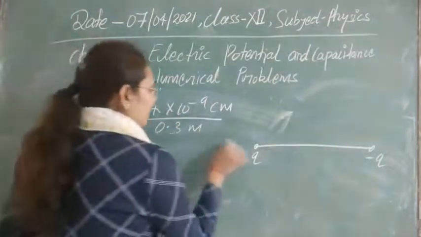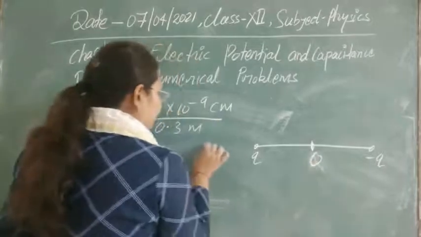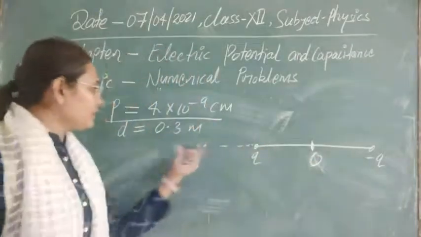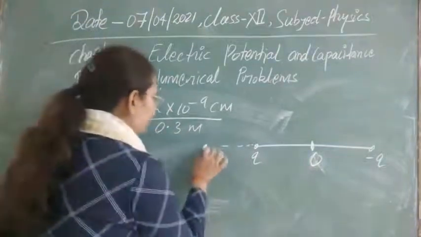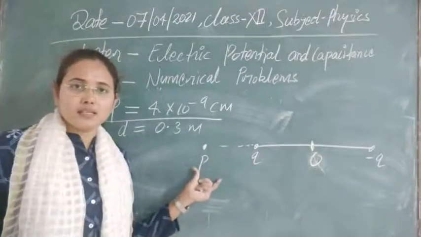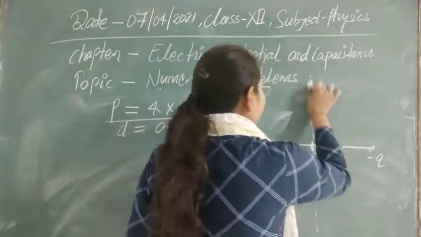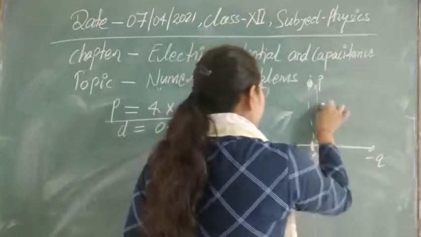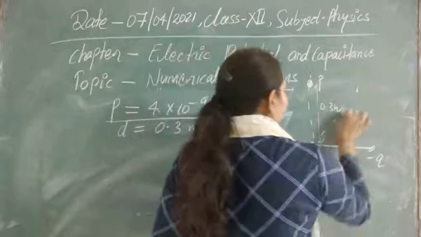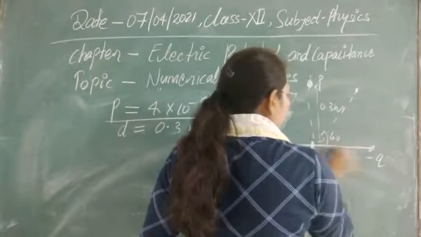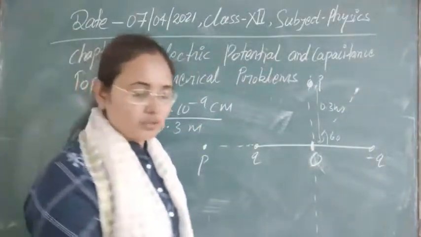Suppose this is the center of the dipole, O. On the axial line, the distance from the center is 0.3 meter, at point P. What will be the potential at this point P? Second, if P is an equatorial point at the same distance of 0.3 meter, what will be the potential? And if P is at an angle of 60 degrees from the axis, again at distance 0.3 meter, what will be the potential? So we have these 3 questions.